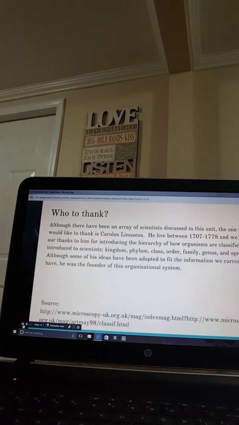Although some of his ideas have been adapted to fit the information we currently have, he was the founder of this organizational system, which is really quite interesting to think that someone was able to come up with, because it just makes it so much easier for us to understand how animals and plants are related and to understand their origins.